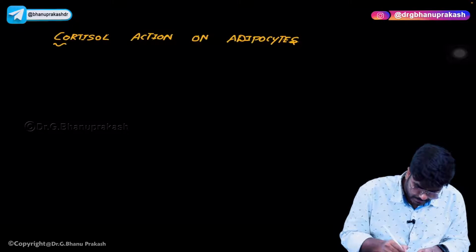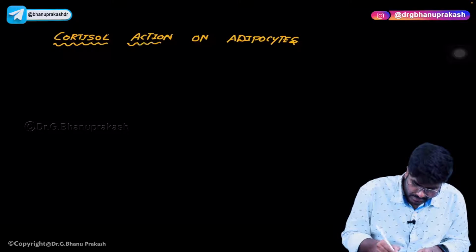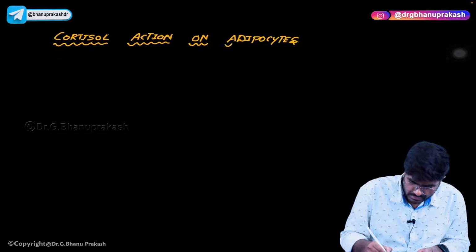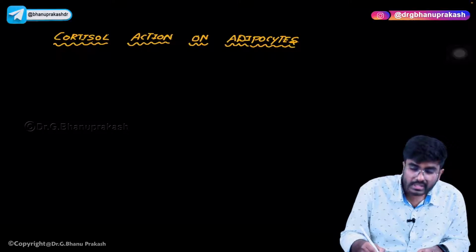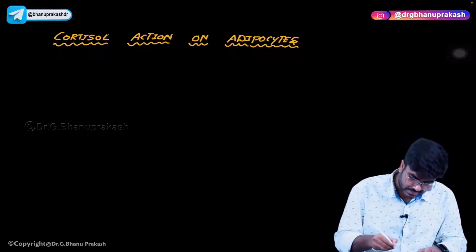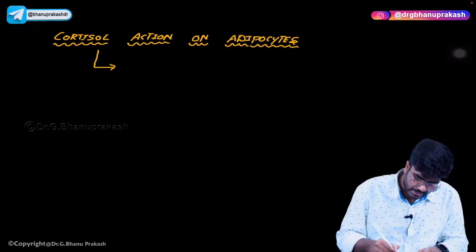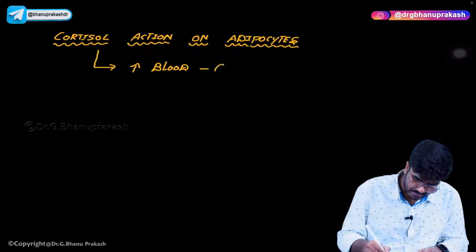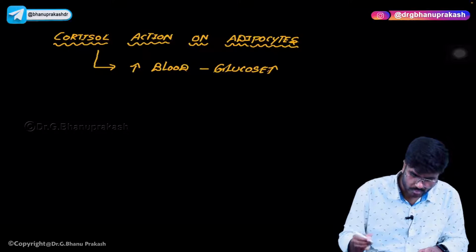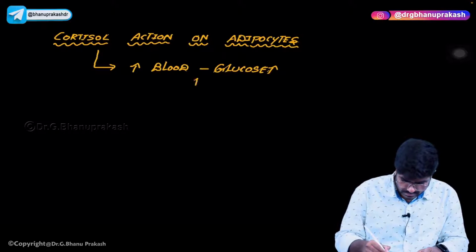See guys, this is very important. Normally, whenever there is cortisol, I have taught you, it's a glucocorticoid, right? Cortisol increases the blood glucose levels. Okay, very simple. Cortisol, it's increasing blood glucose levels. Okay, blood glucose levels are elevated. When blood glucose levels are elevated, automatically what happened to insulin levels?